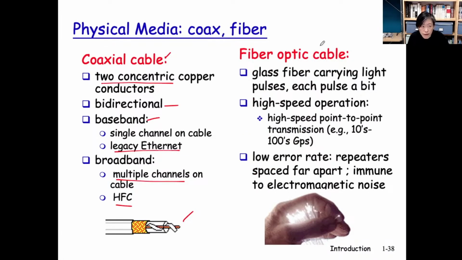And the third is the fiber cable. Okay, so this is entirely glass-based fiber, and the bits are being sent as pulses. It works at a very high speed. You can go up to hundreds of gigabits per second. These high-speed fibers are oftentimes used by the internet backbone, where lots of data are being exchanged.